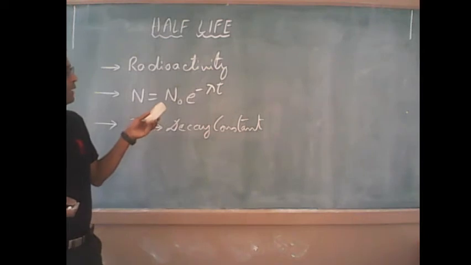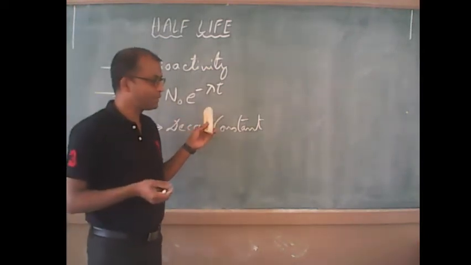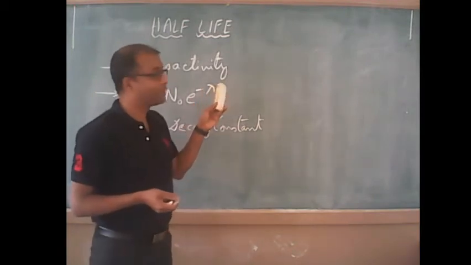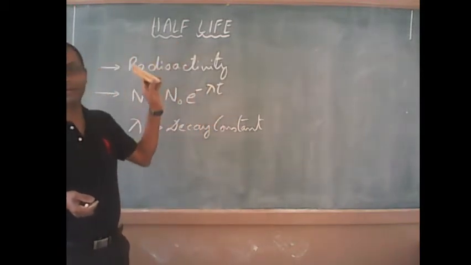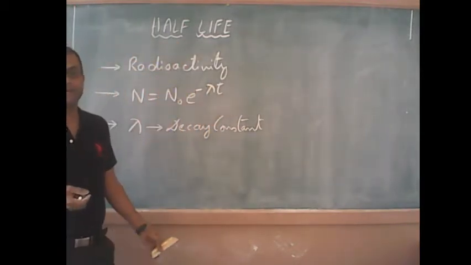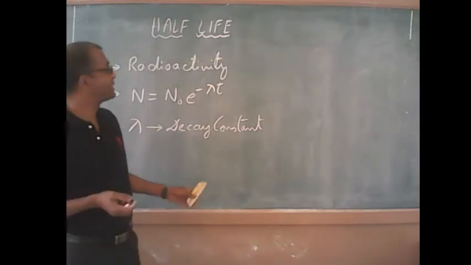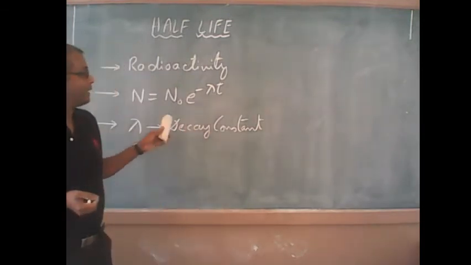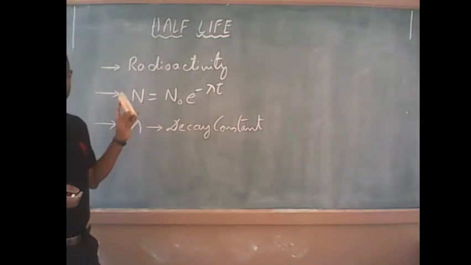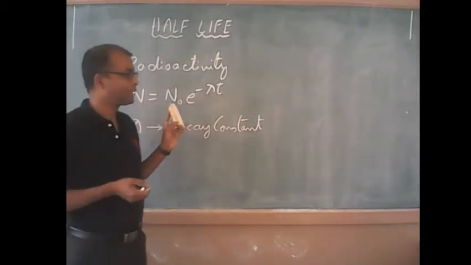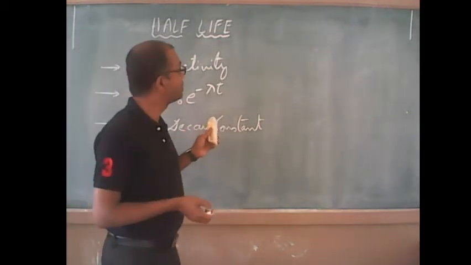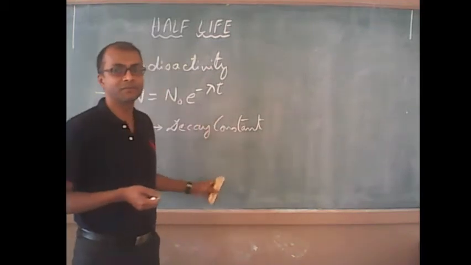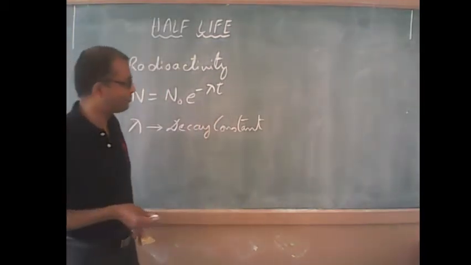Also, we have to talk about some time here. One time that we are defining here is the half-life of a radioactive substance. The half-life of a radioactive substance can be defined as the time in which the number of atoms of the radioactive substance decreases by half.